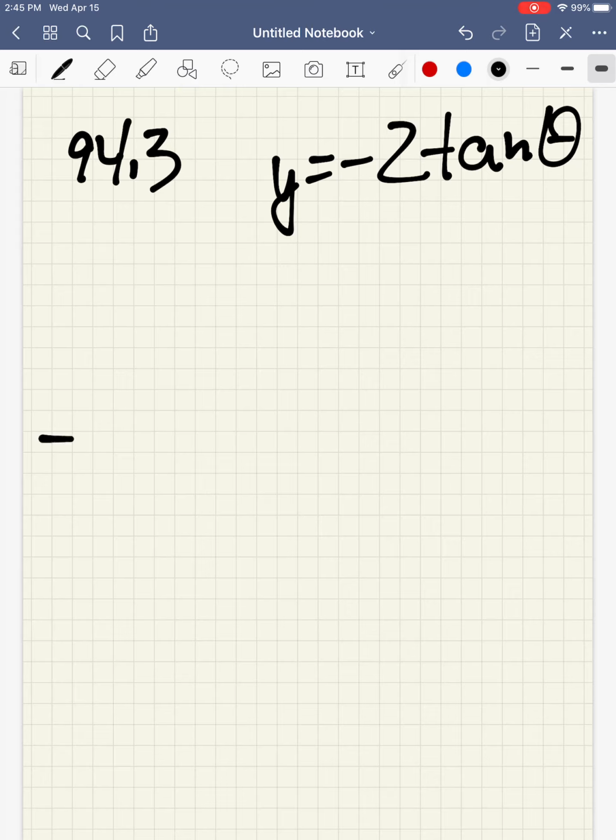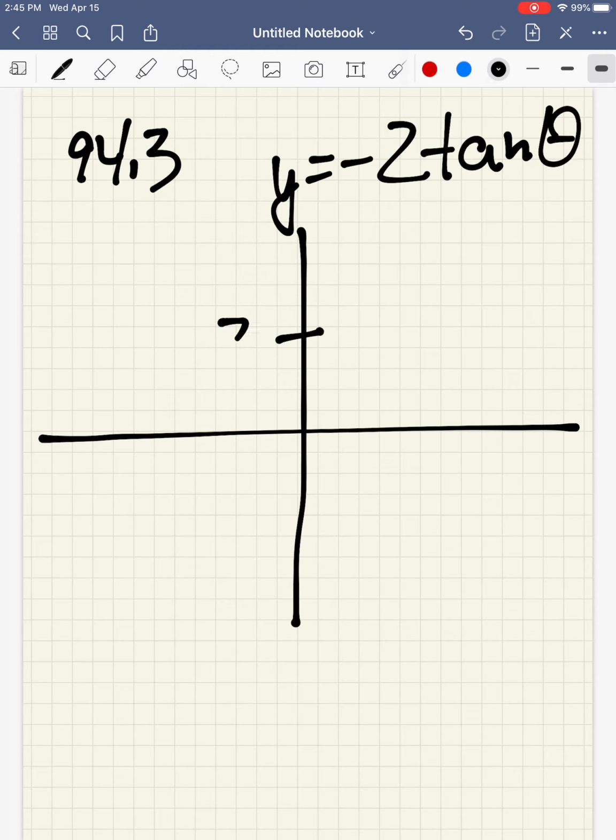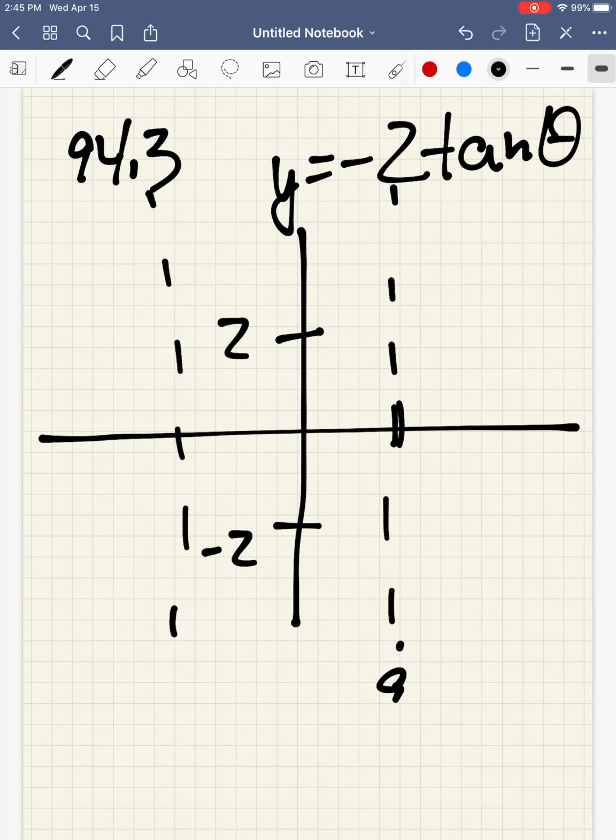Okay, minus. I'm going to mark a 2 here and a negative 2. And I know at 90 and negative 90, it's undefined, isn't it? And then again over at 270. At 180, we know it goes through 0. Okay.